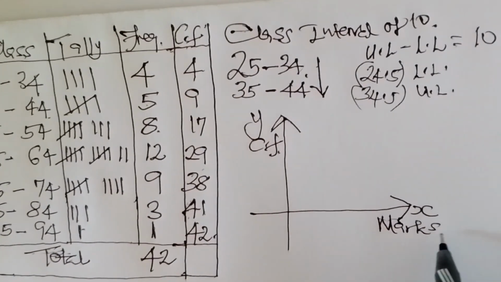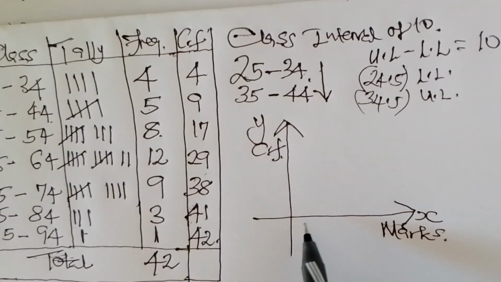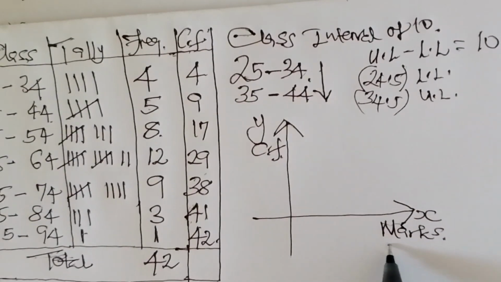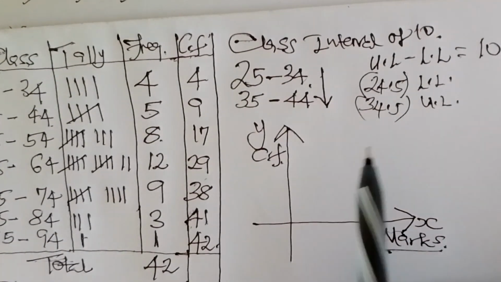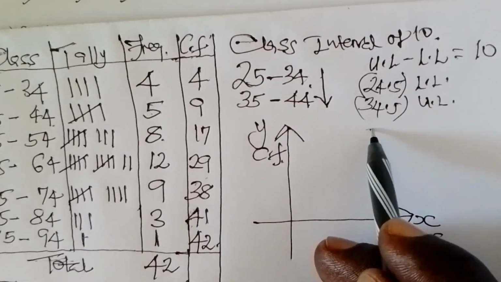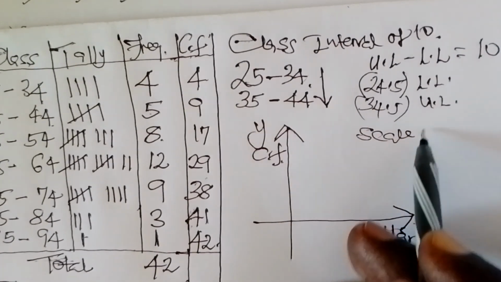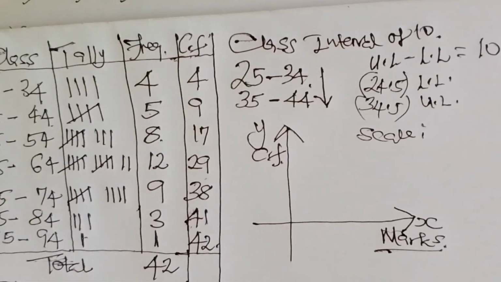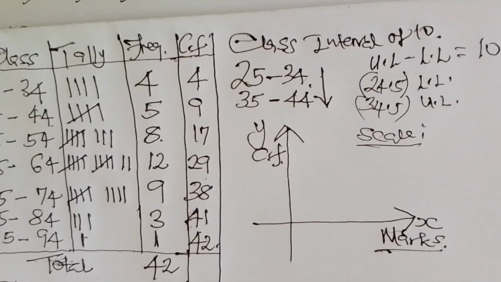Normally, most of the candidates mess up by plotting the upper class boundaries on the x-axis. It should be the max. You should plot the max against the cumulative frequencies. And most important, don't forget to get an appropriate scale for your Ogive curve.